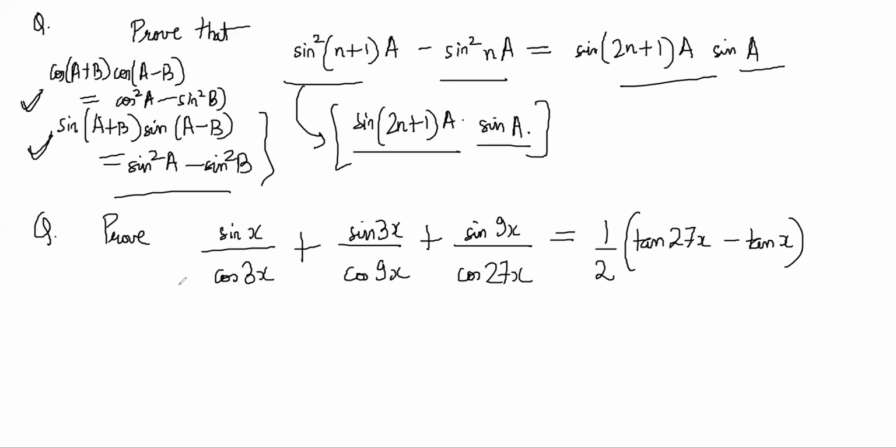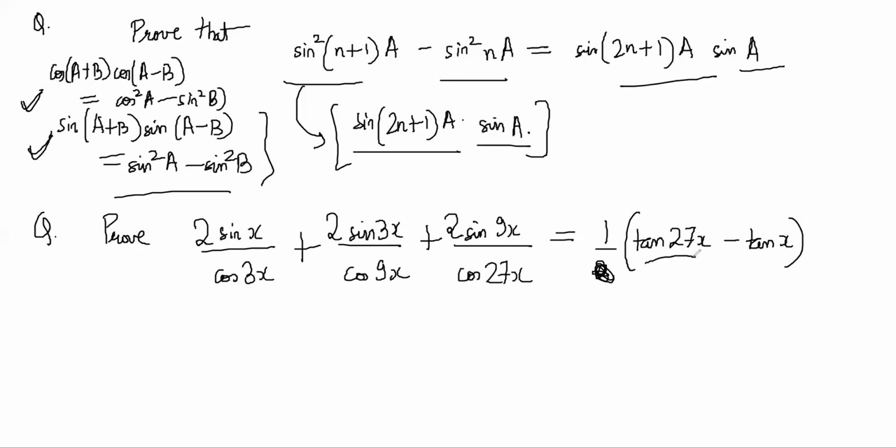So first of all, I will not try to prove this. This half is annoying me, so I'll try to prove this, two sin x by cos 3x. I need some tans to come.